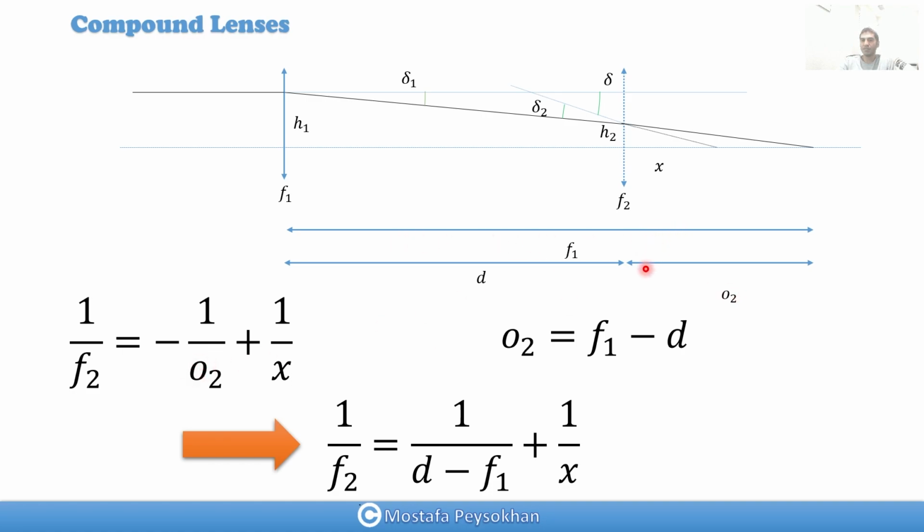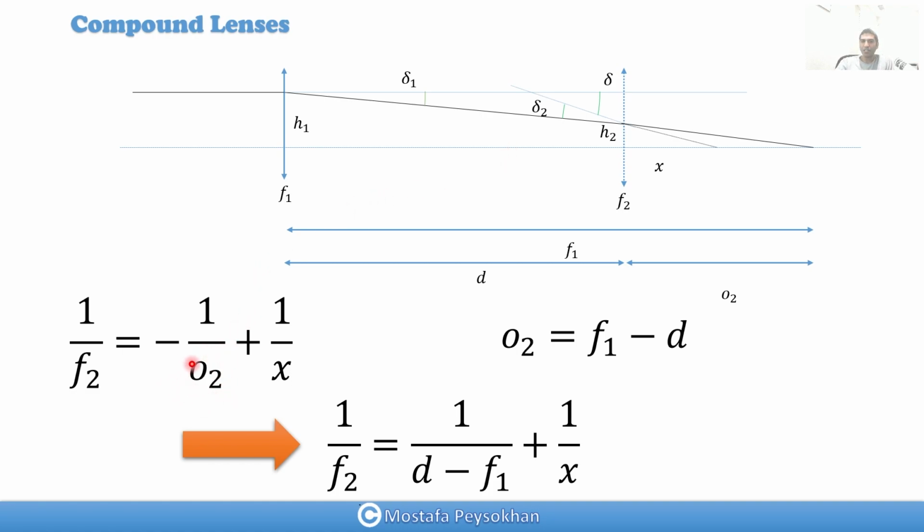This distance is a positive value because it is on the right hand side of the lens f2. I have another video on the lens convention, where we put positive values, but in summary, anything on the right hand side of the lens we consider a negative value, and anything on the left hand side we consider a positive value.